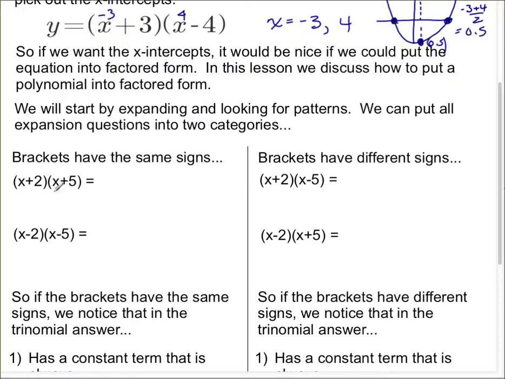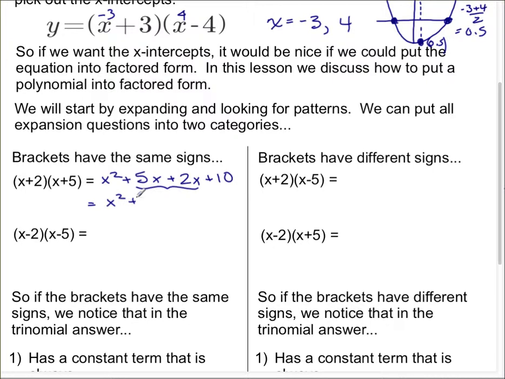So I'm going to expand this out, and remember, x times x gives us x squared, x times 5 gives us 5x, 2 times x gives us 2x, and 2 times 5 gives us 10. To get our final answer in standard form, we add those two middle terms together.